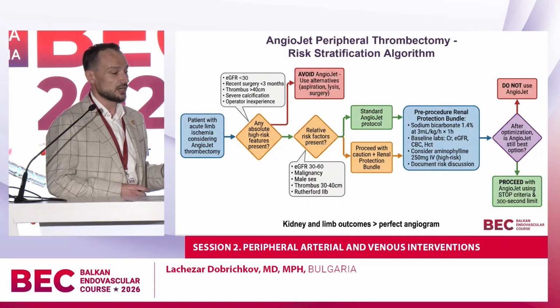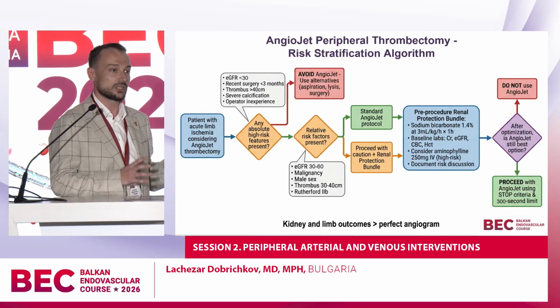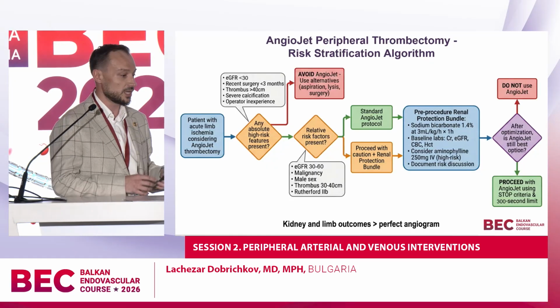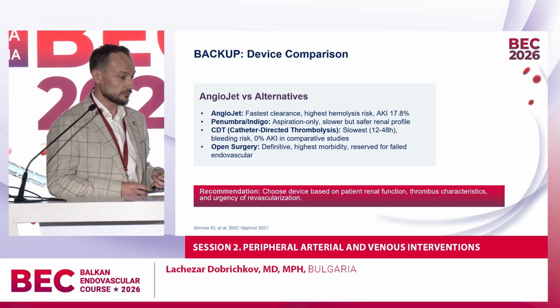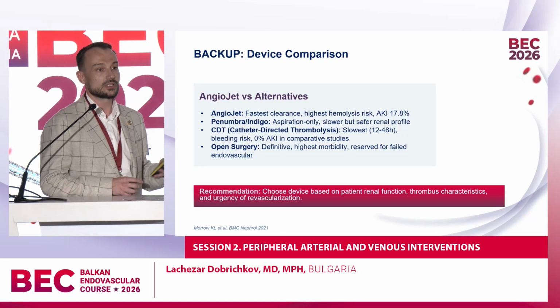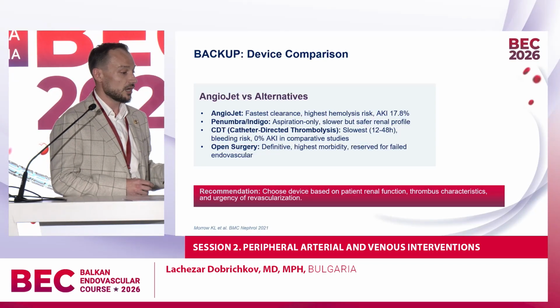This is the risk stratification algorithm I created for absolute contraindications and some mild contraindications, to put only the most suitable patients for this kind of thrombectomy on the table. Otherwise, we should always have a backup plan with different options.